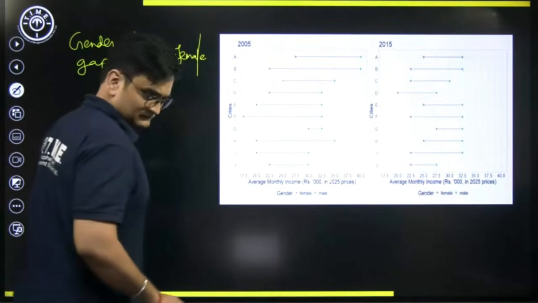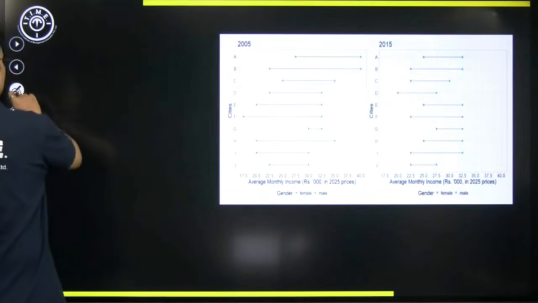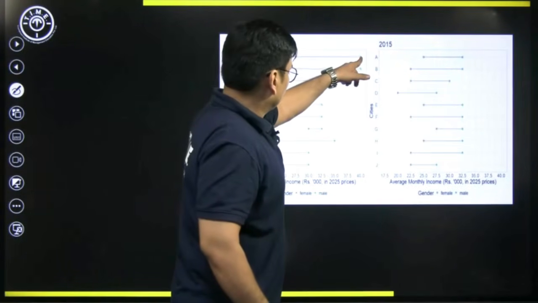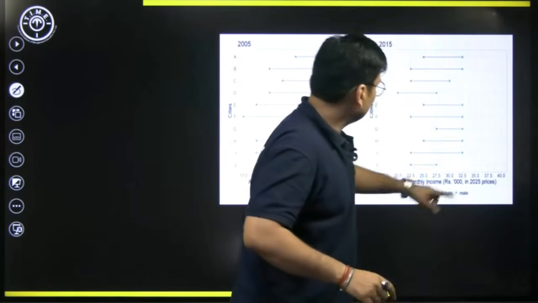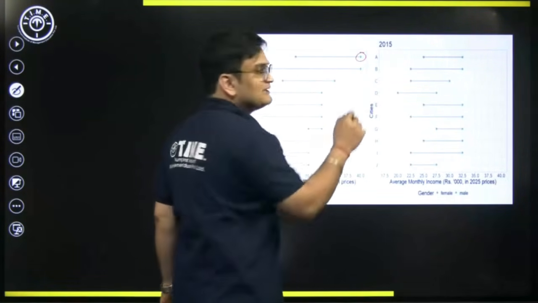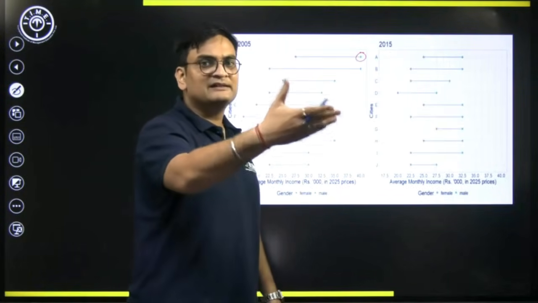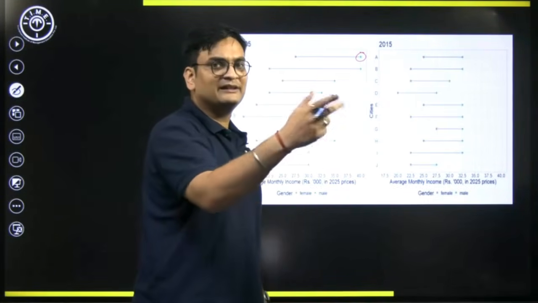Let's observe. I'll just clean everything. Now if you notice, I'll just change the ink. Here in 2005, it's 40,000 in 2025 price terms, and here it is 32.5 thousand. So this definitely is one instance where the average income of men in city A in 2005 is more than average income of men in city A in 2015.